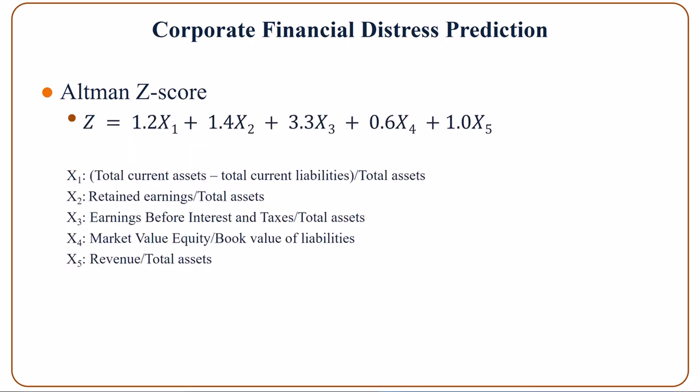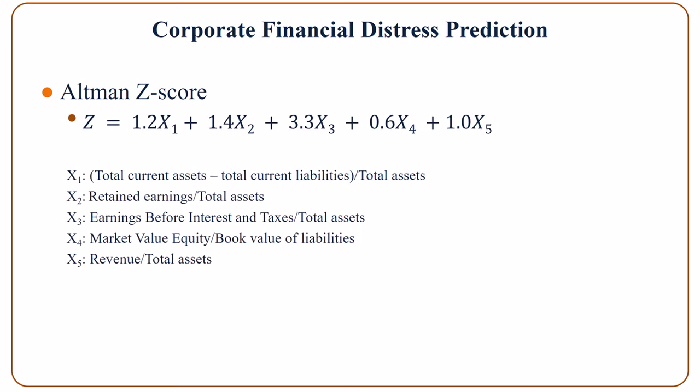Altman used financial statement data one year prior to bankruptcy to develop the five-variable model. In the model, X1 is the total current assets less the total current liabilities divided by the total assets.